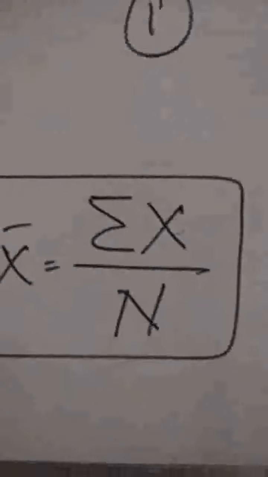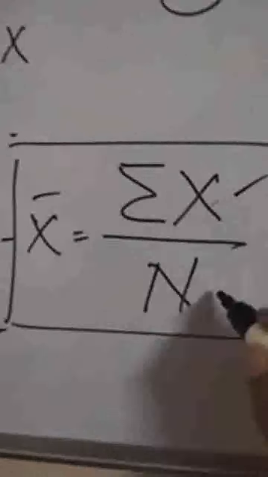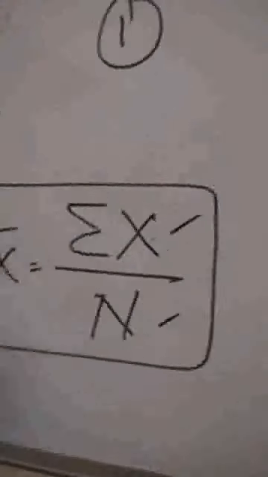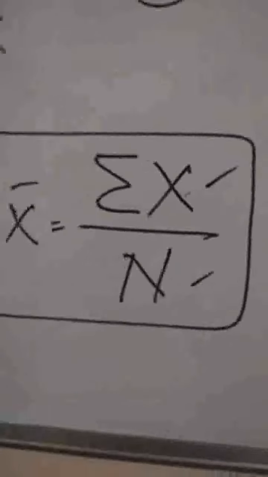The sum of all the numbers upon the number of numbers available. So what is the formula for individual series? Here mean is equal to summation x upon n. This is for individual series, where we total out the x numbers and then we divide by the number of items which were given, used as n.